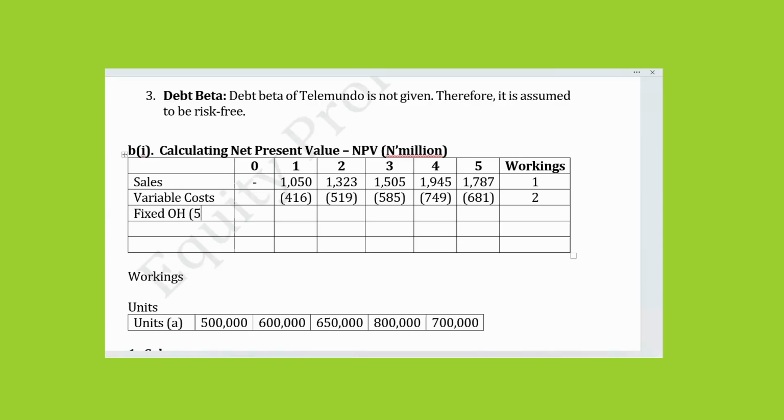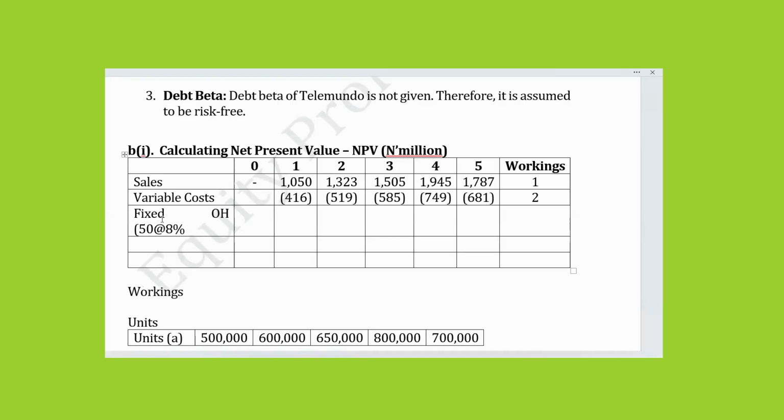Therefore, 50 million multiplied by 1.05, okay? So what do you have? Sorry, it's at 8%. Thanks. It's at 8%.